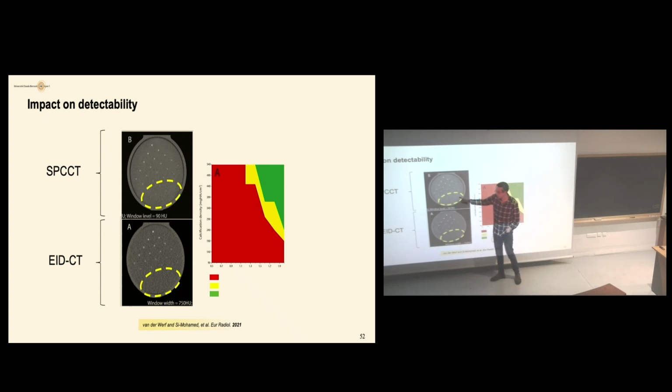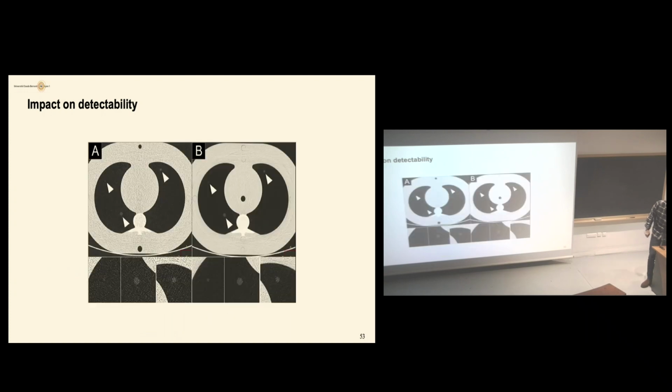These are the calcifications you can find within your coronary arteries, or maybe my coronary arteries, and you need to assess them to diagnose or to prevent coronary artery disease. And in fact, when you look at this image, you see that photon-counting CT is diagnosing more calcifications, which means maybe a more precise diagnosis of this disease.